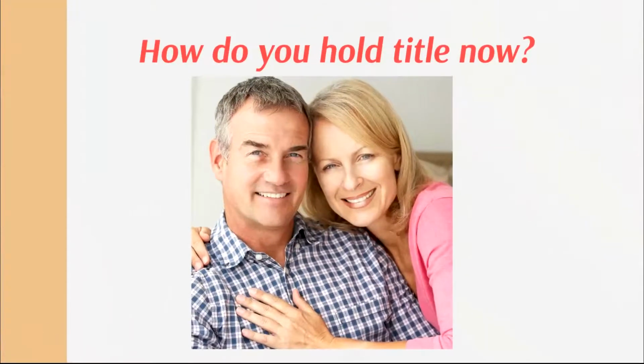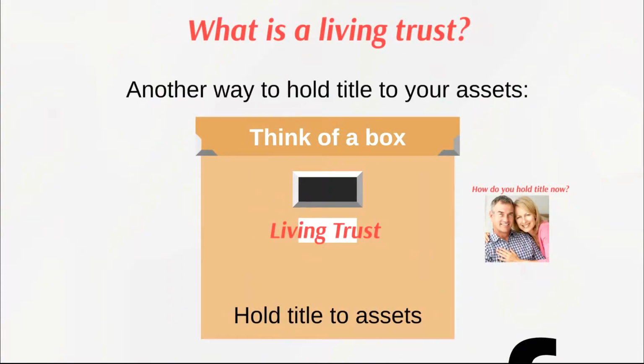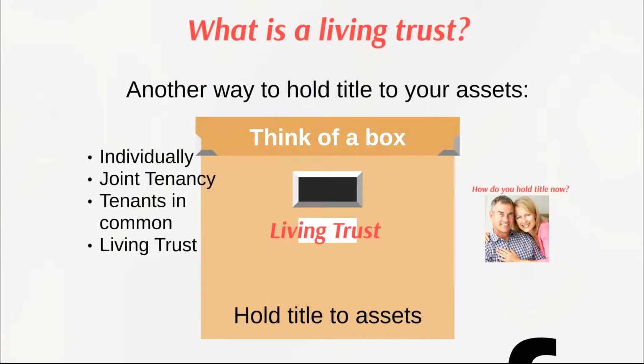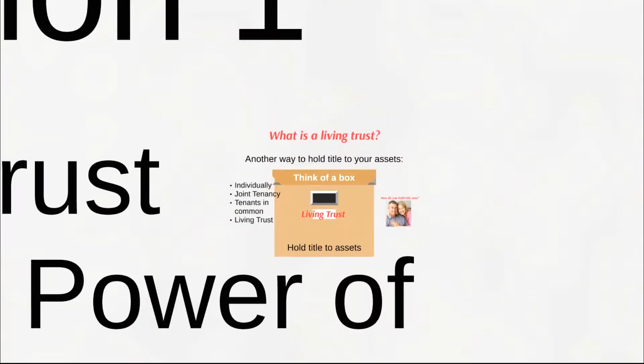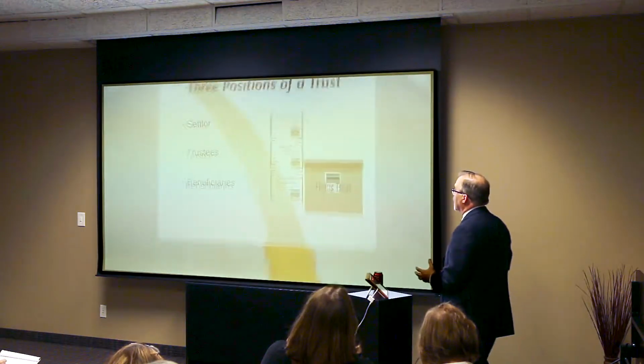Right now, they own title as either individually, joint tenancy, tenants in common. This is simply another way. We're going to title the assets into a living trust. And so literally you take all those things that we were talking about were the estate and you put them in the box. They become part of the living trust.